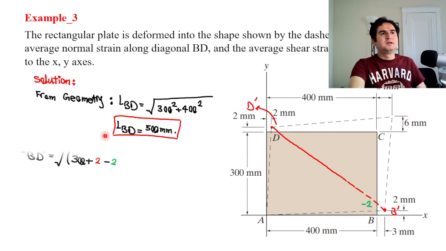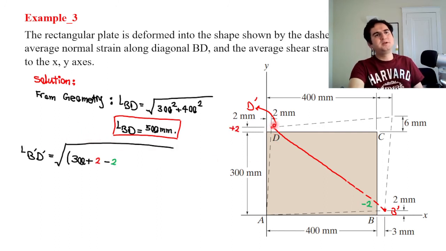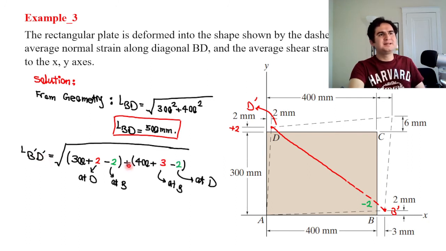But after deformation, if you look at B prime D prime, that is AD prime, and that's 300 plus a positive 2 here minus 2 here.